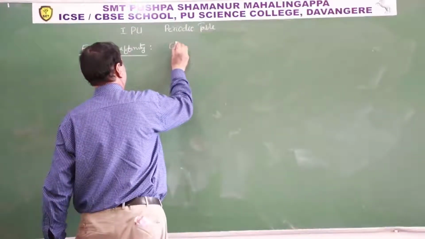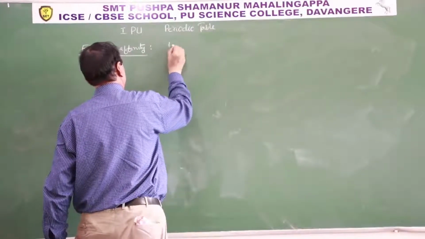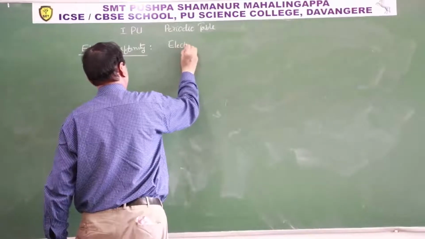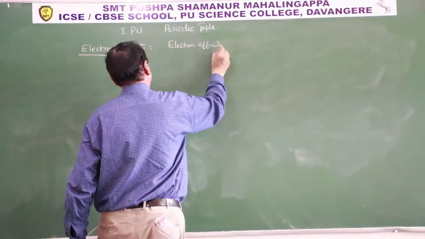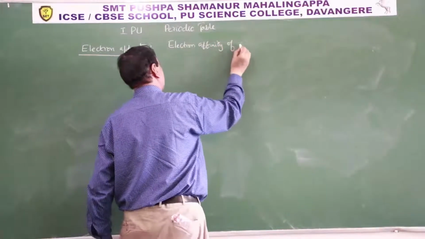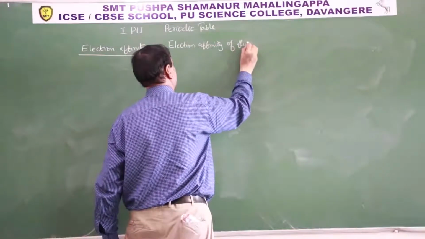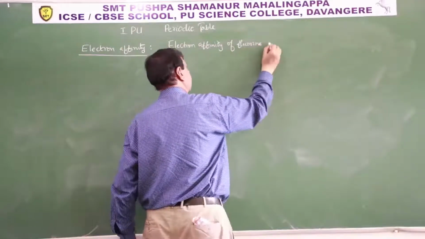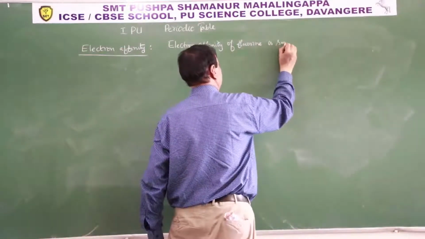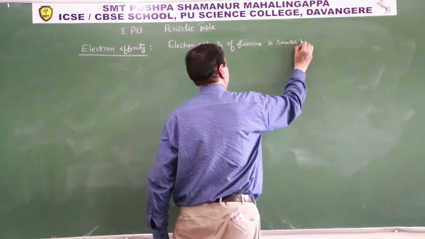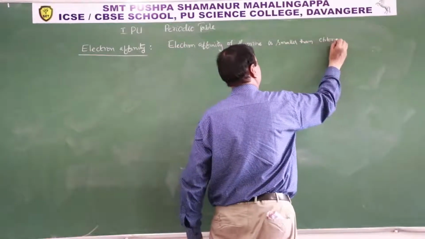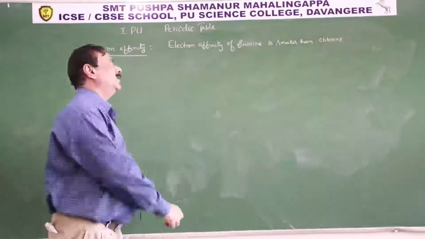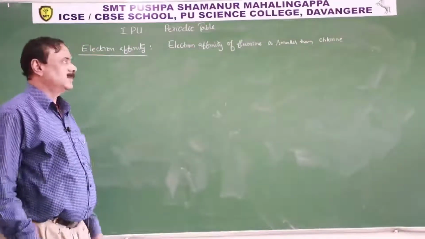Electron affinity of fluorine is smaller than chlorine.